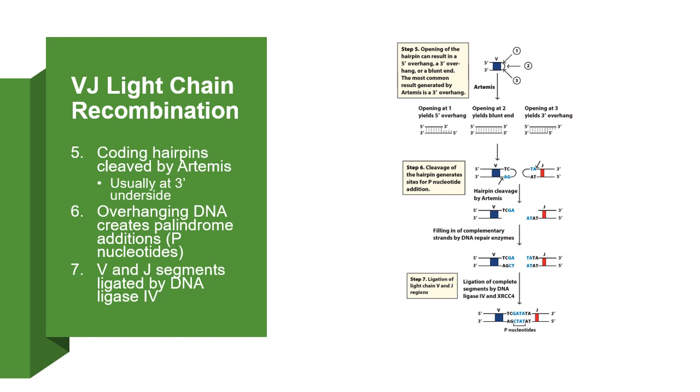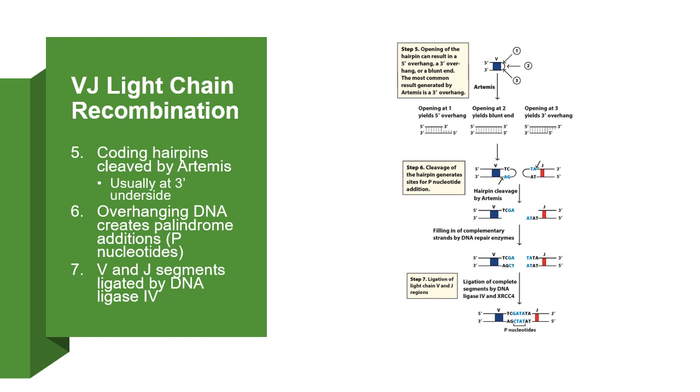So step 5 involves reopening that hairpin turn. And the enzyme that does that is the enzyme called Artemis. And there's 3 different positions that this enzyme can actually trim or cleave this particular piece of the hairpin turn. And that's at the top edge, right in the middle, or at the bottom.